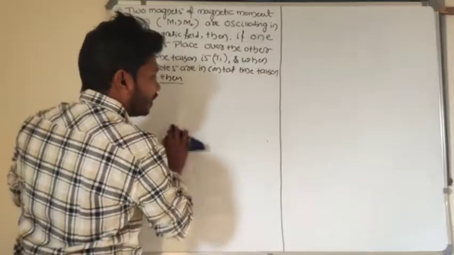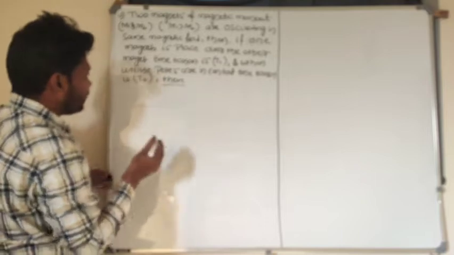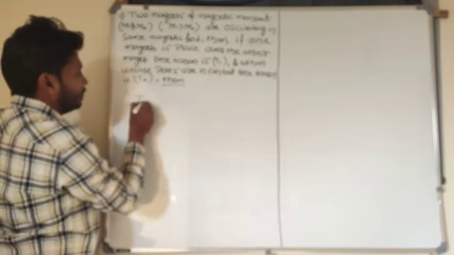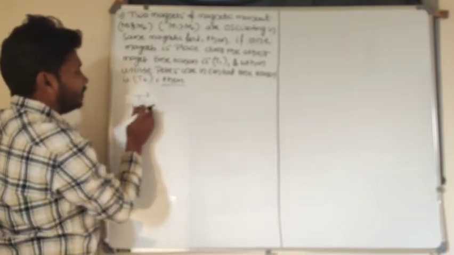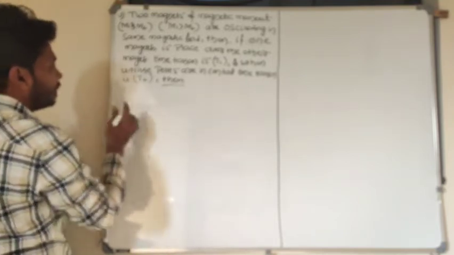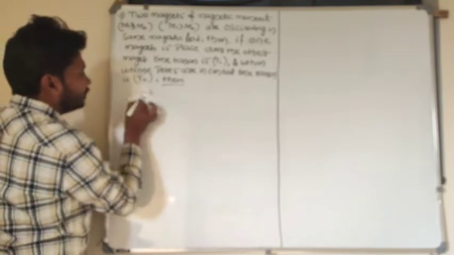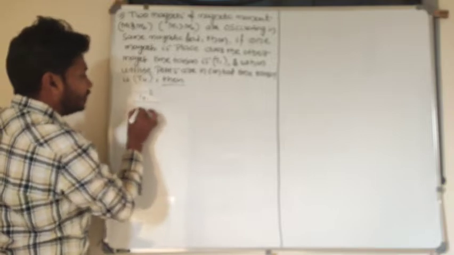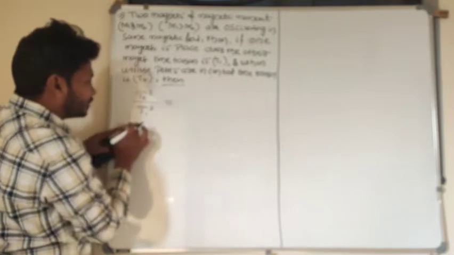Look at here, I want to find that ratio here. t1 square divided by t2 square, or first I can consider like poles in contact, unlike poles in contact, t2 square divided by t1 square.